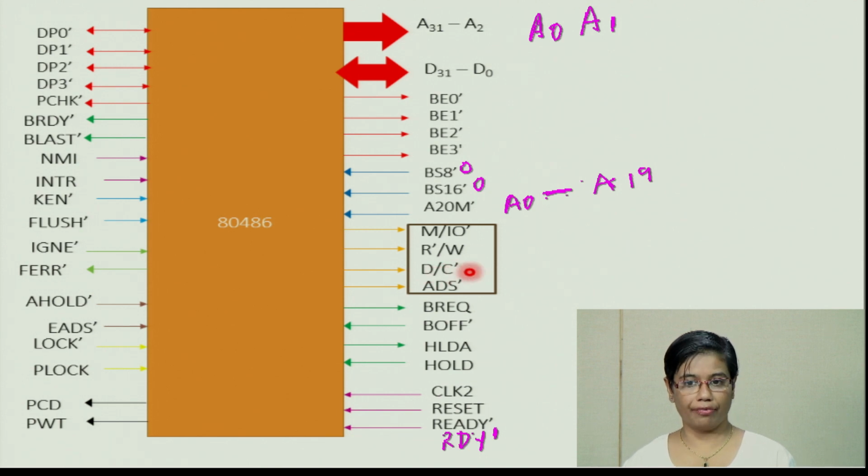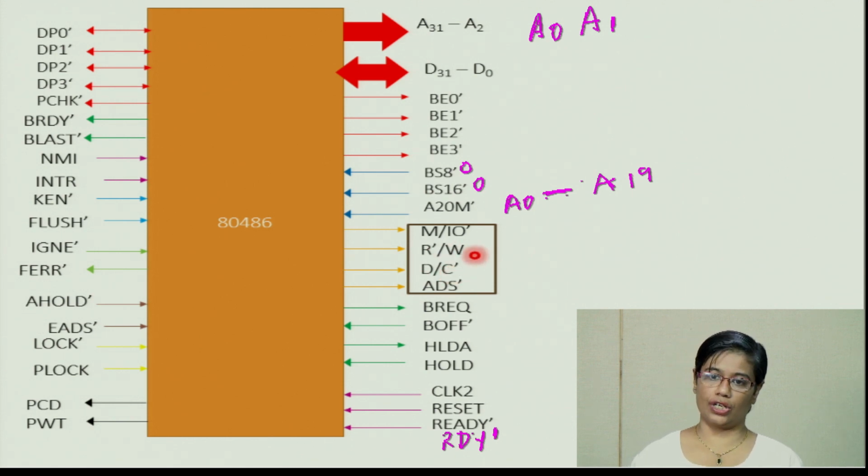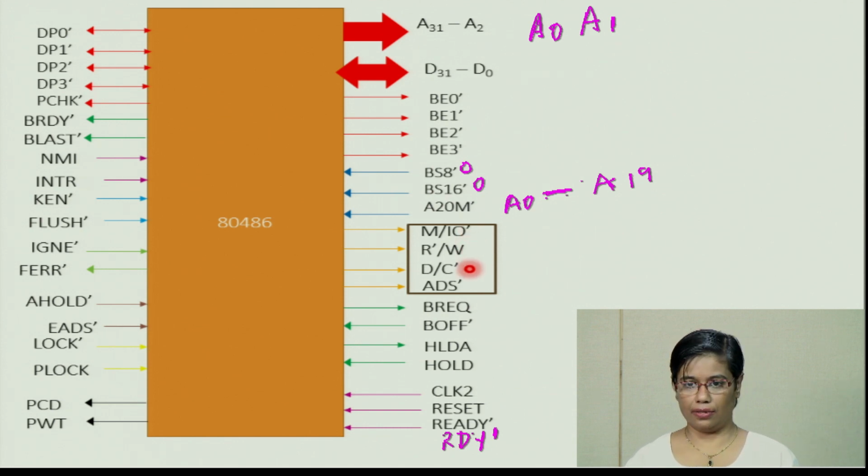D/C bar. If this signal is high, we are doing a data read or a data write. If this signal is low, it means that we are doing an instruction fetch. This is also used with respect to interrupt acknowledge. When this D/C bar signal is low, it also indicates an interrupt acknowledge bus cycle. The purpose of these three signals remains the same.